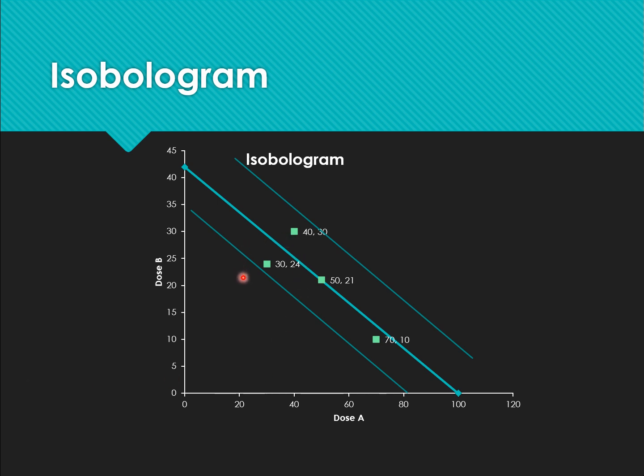Here you can see that this 30-24 falls below the thick line, so this combination is synergistic, whereas this combination 40-30 falls outside the thick line, and this combination is antagonistic, whereas this combination 50-21 is additive. This is just a hypothetical situation to explain to you.